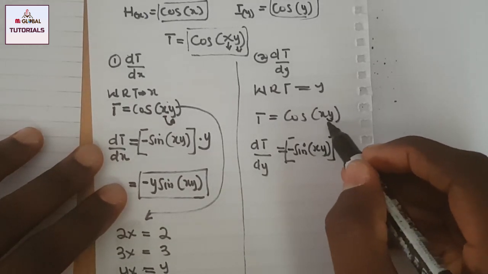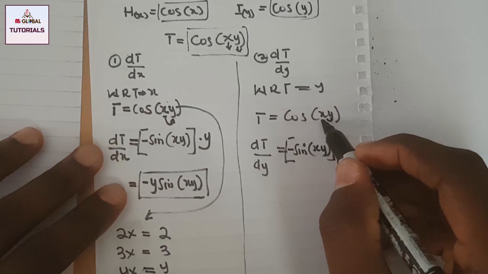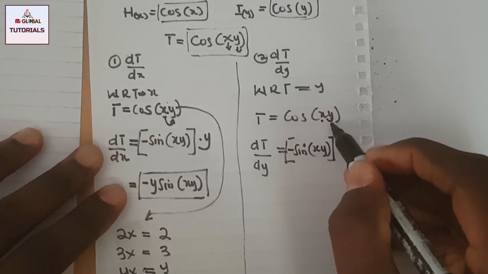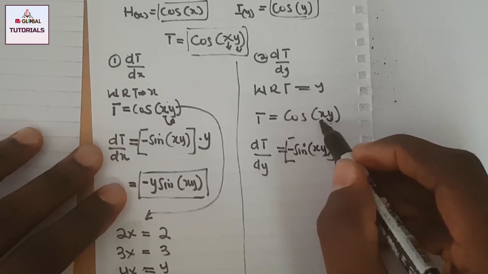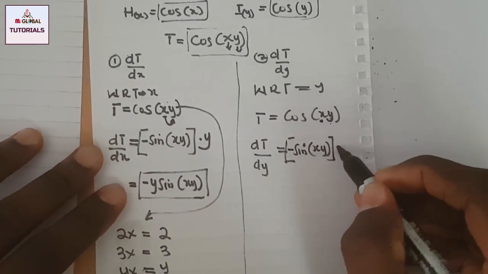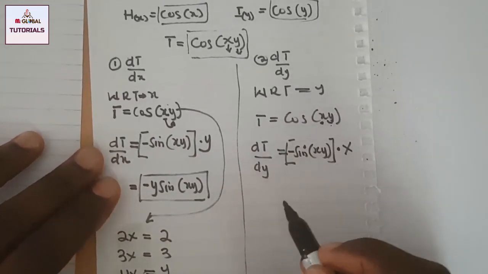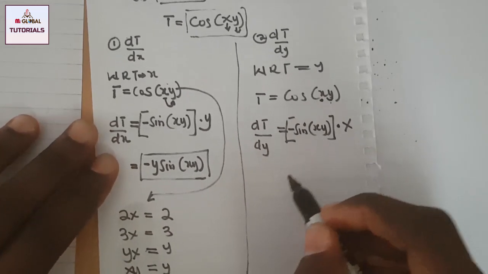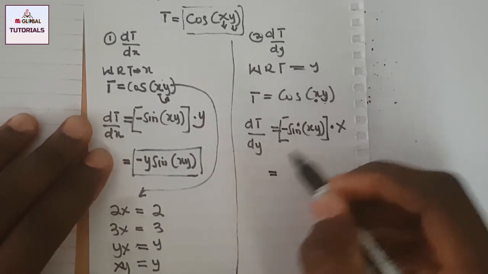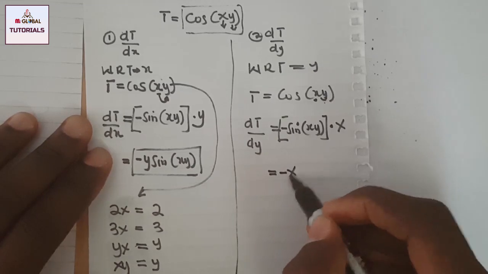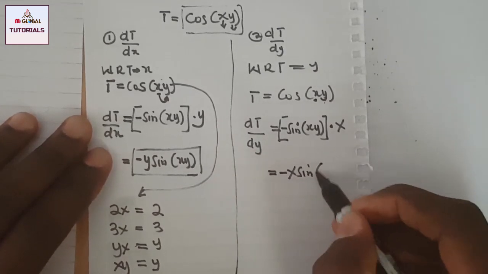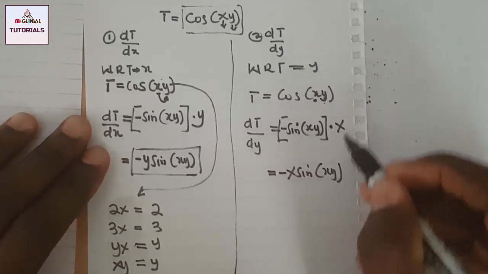Right now our x is constant and y is the independent variable. When differentiating with respect to y, since x is the constant, it gives us x. Very simple. Multiply to get minus x sine xy.